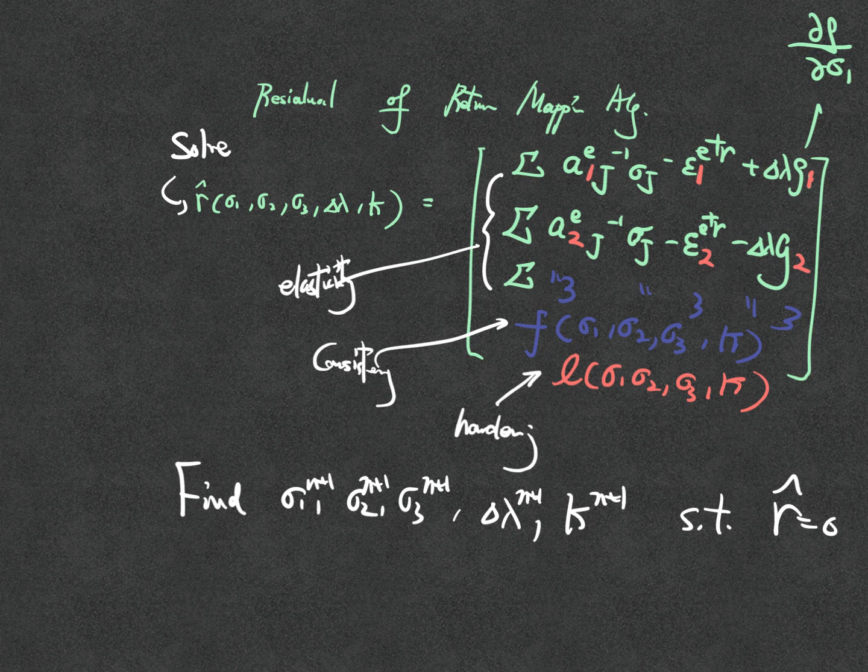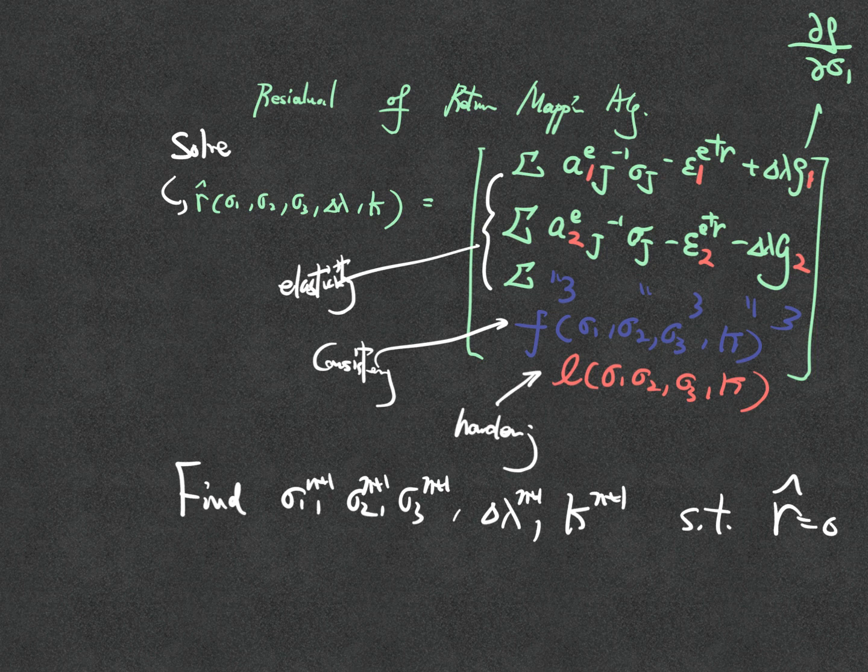I have a system of equations. Unfortunately, one thing is that the yield surface is not linear. It's not a linear function. It could be sigma 1 minus sigma 3 squared plus something, blah, blah, blah. It's not linear, right? So I cannot directly solve those equations with some Ax equal to b, right?